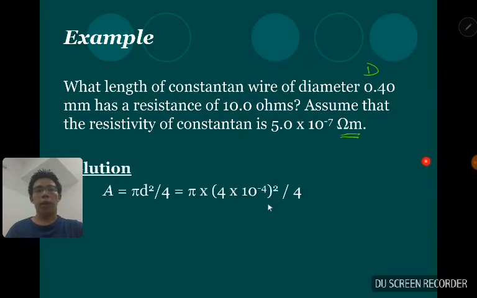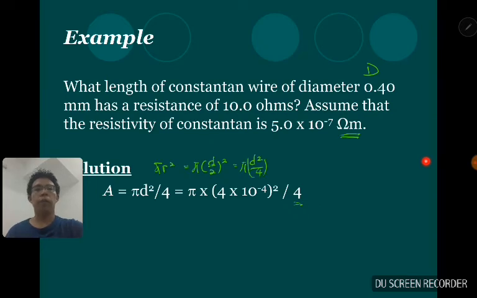So we have A equals pi d squared over 4, assuming that the wire always has a circular cross-sectional area. So we have 4 times 10 to the power of negative 4, and you divide by the 2, it's already converted into the 4 here. Okay, it's pi r squared, so pi d over 2 squared, so we have pi d squared over 4.